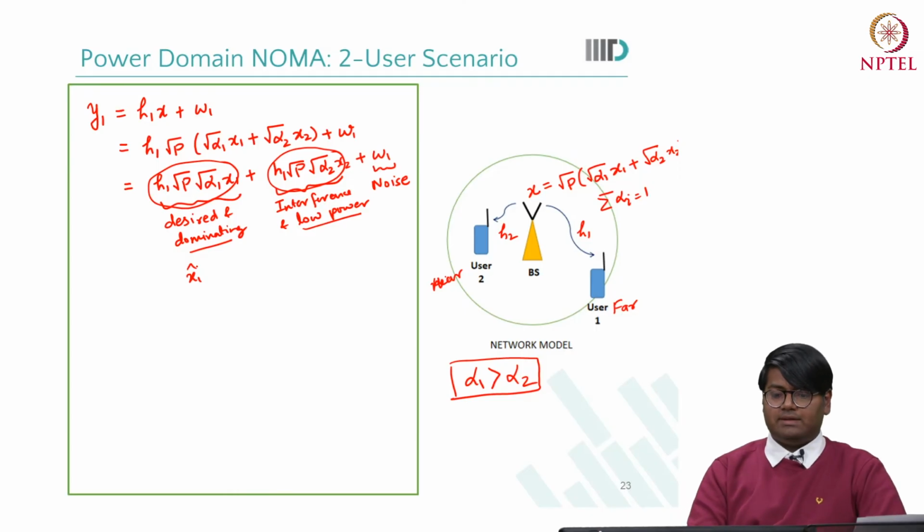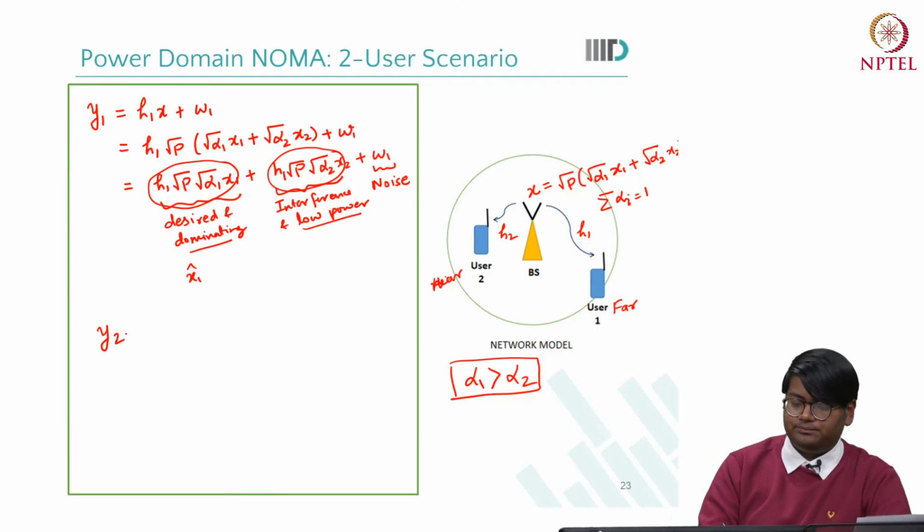But if you consider the received signal for user 2, then it is given as H2x plus W2.